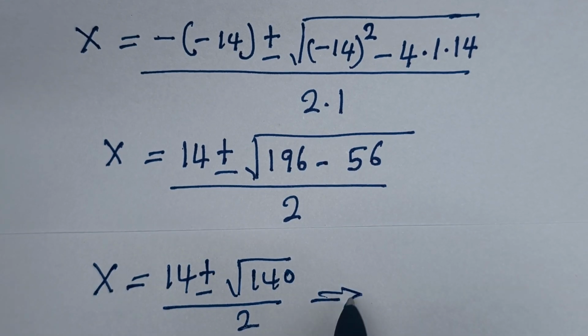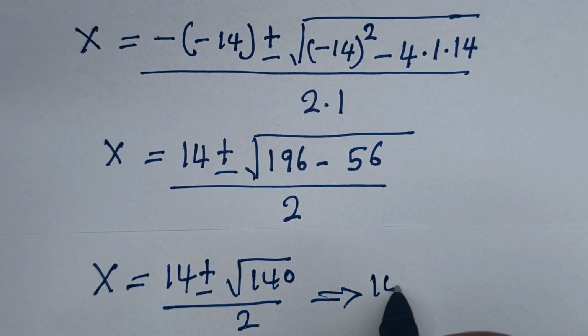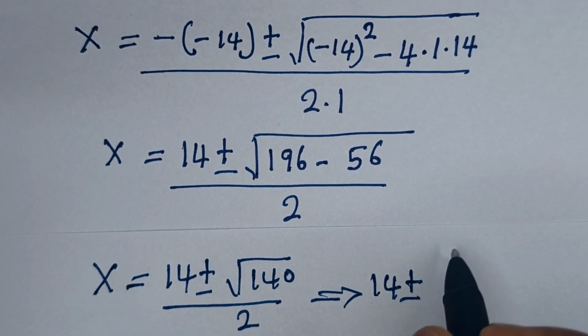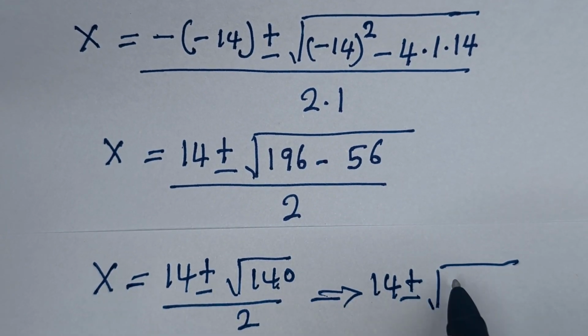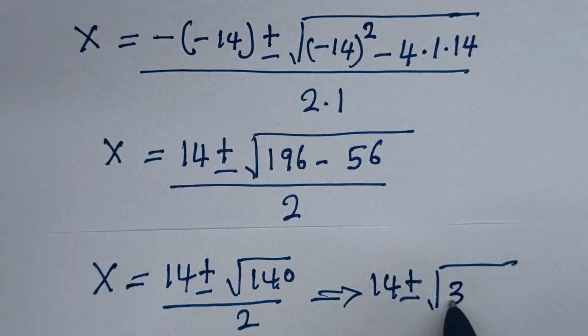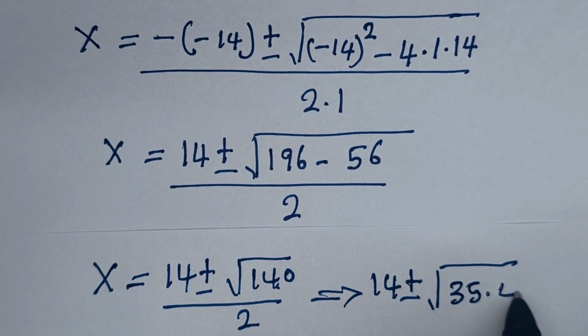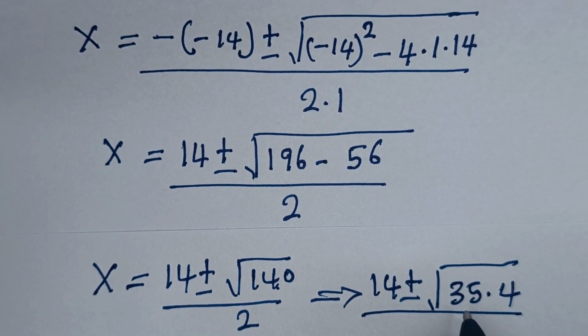And this is same thing as 14 plus or minus square root of, this 140 can be written as 35 multiplied by 4, then everything over 2.